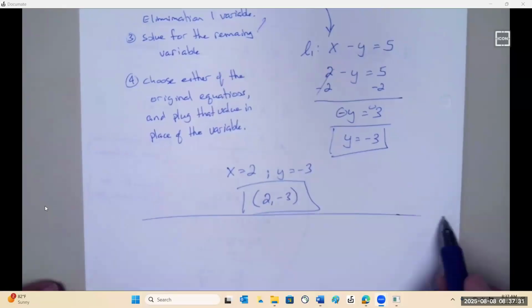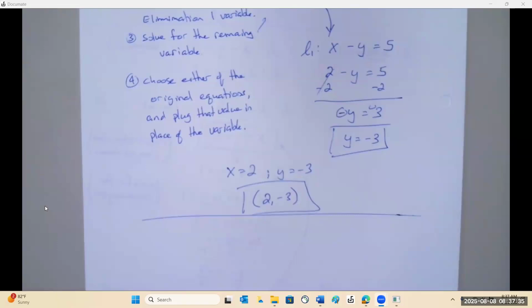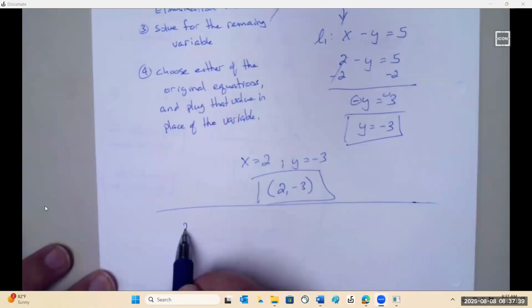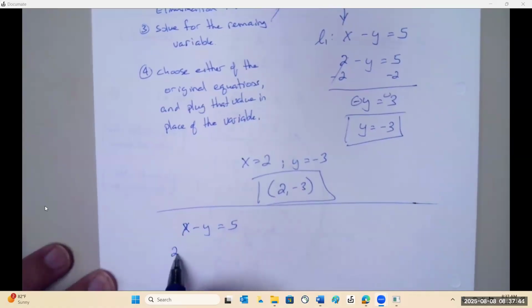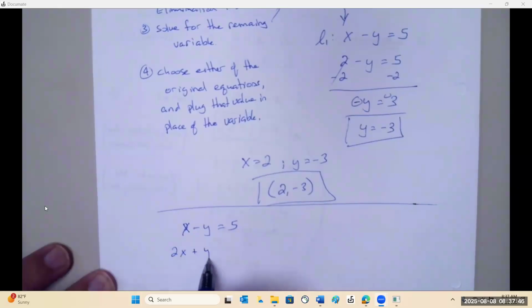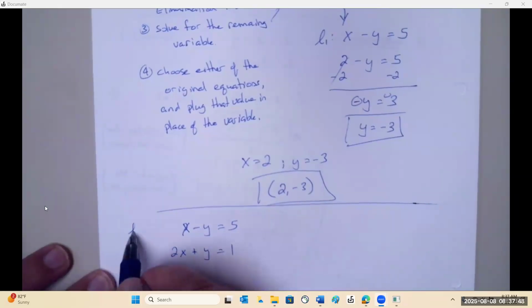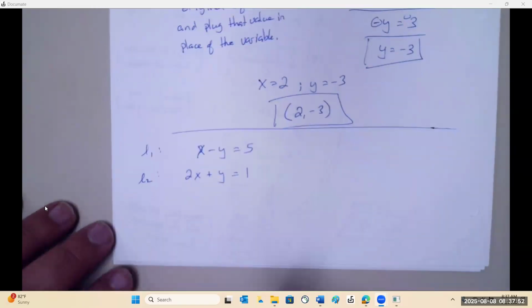Now, as I said, would we have gotten the same answer if we chose to solve for y? So here we have x minus y equals 5, 2x plus y equals 1. This is line 1, this is line 2. Same equation.